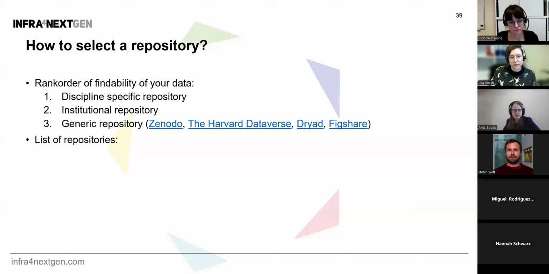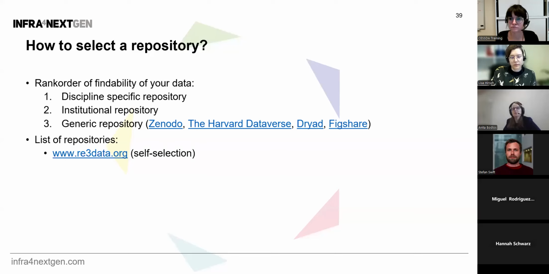How to find such repositories? re3data is a platform where repositories can enlist, and many repositories are on there. It's a very good platform for searching repositories, but please be aware that it's a self-selection system.